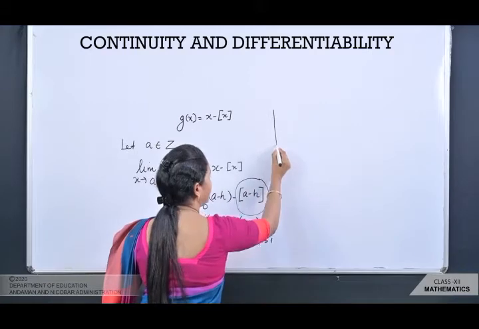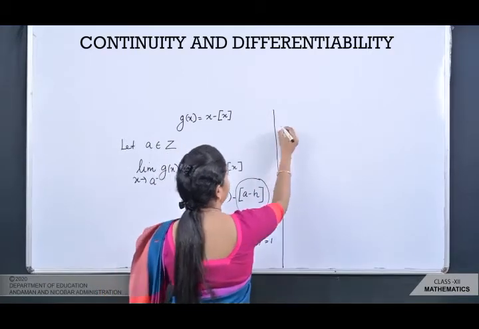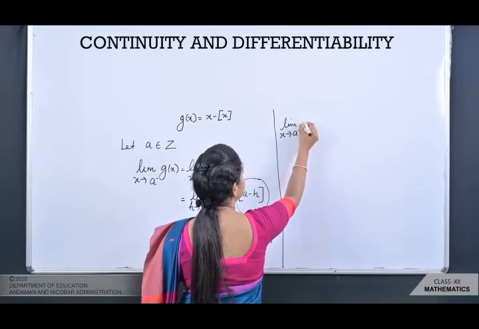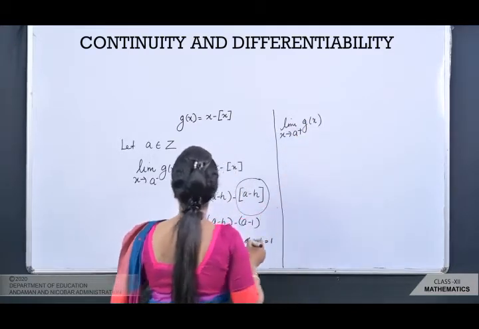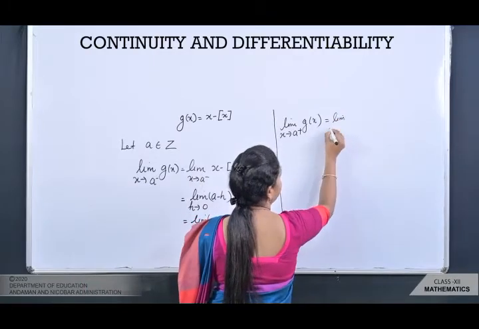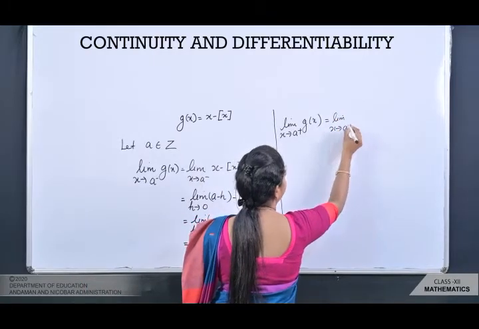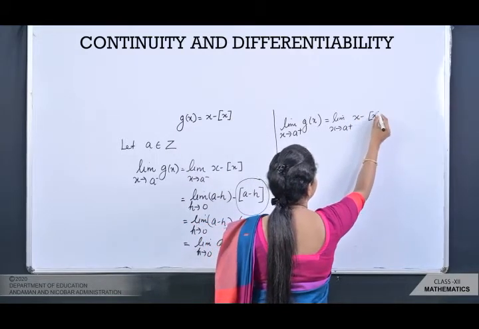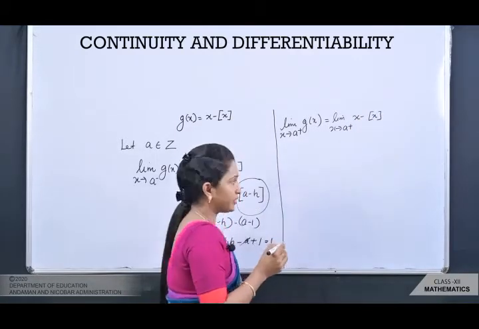Now when you find the right hand limit, that is limit x tends to a plus g of x. ठीक है, क्योंकि यहाँ पे g of x है फंक्शन, is equal to limit x tends to a plus, what is g of x here? x minus greatest integer. Correct.